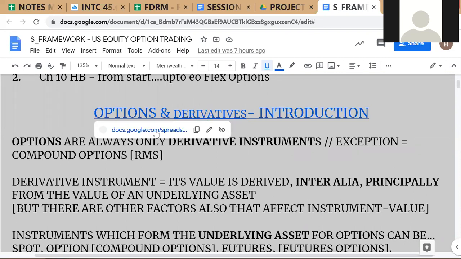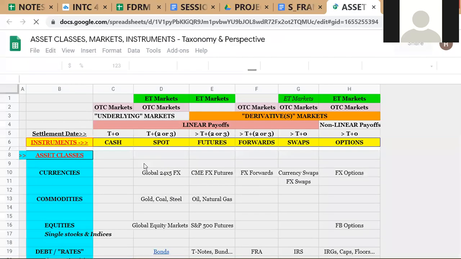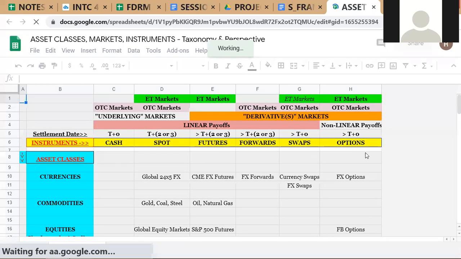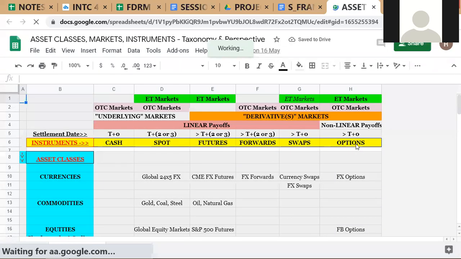Here you should remember two things when you think about derivatives. Just to wrap up, we are studying options as a derivative product, so you should understand how we define derivatives.